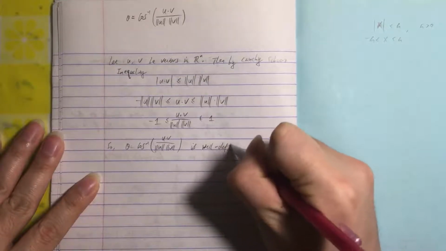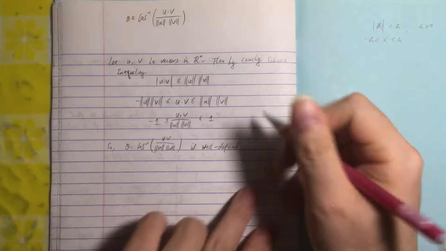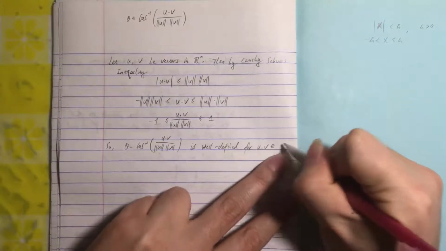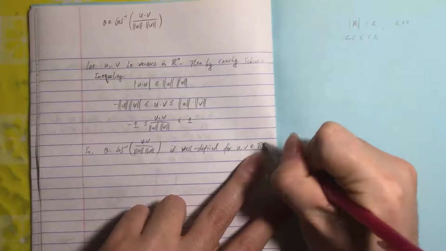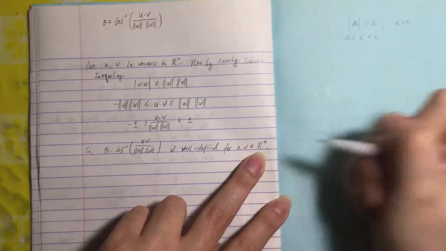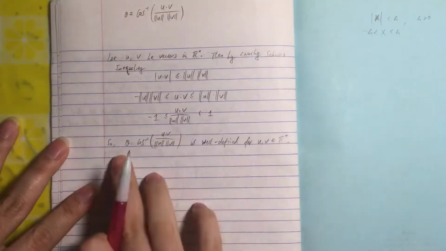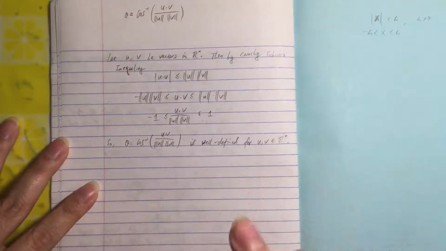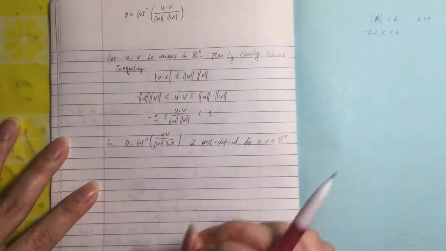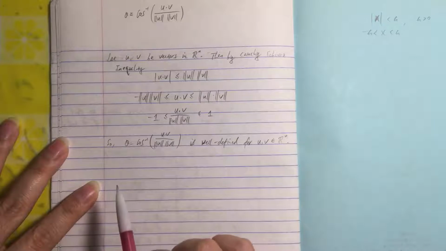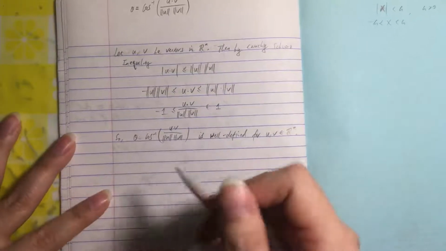Since this formula works for vectors in R2 or R3, and it's also well defined for all vectors in higher dimensional space, it makes sense to define an angle in higher dimensional space in this way.